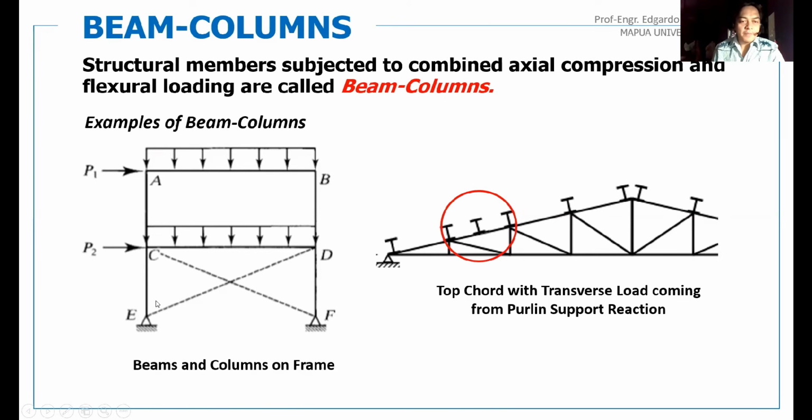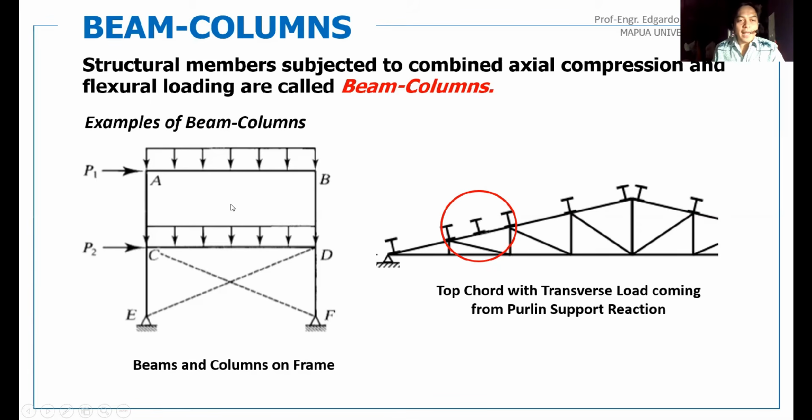The first level of the frame has a cross bracing or lateral support, so it is considered a frame without side sway. However, on the second level, there is no lateral support or cross bracing attached on the frame. So in this case, due to the lateral load P sub 1, it could experience side sway.